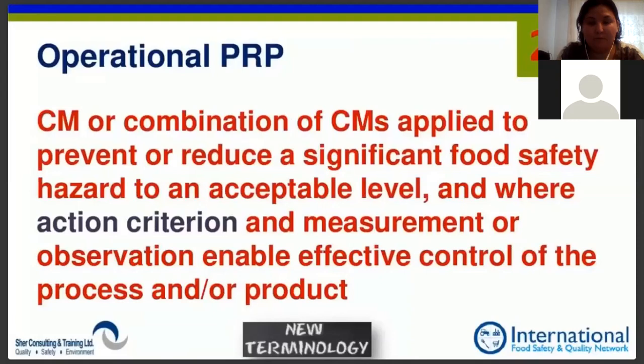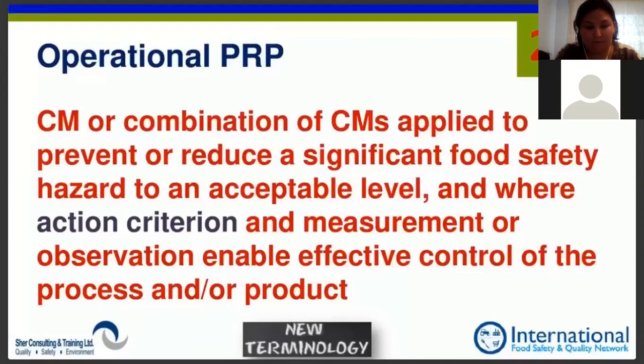So it is under 2.5 millimeters or under 4.5 millimeters. So you can still call it a CCP. Some people will argue, no, that's an observation, so it should be an OPRP. Well, you know what? It doesn't make a difference. You can call it either a CCP or an OPRP. You're still going to be doing the exact same things to it. So the jury is still out.